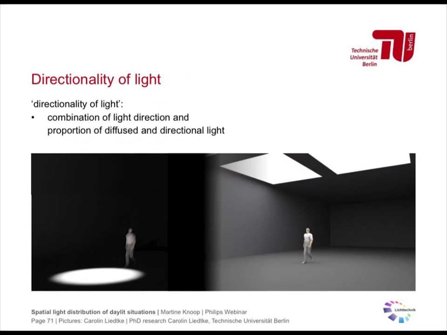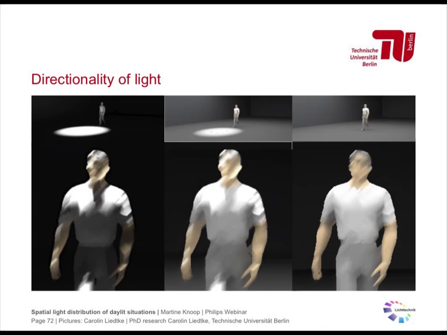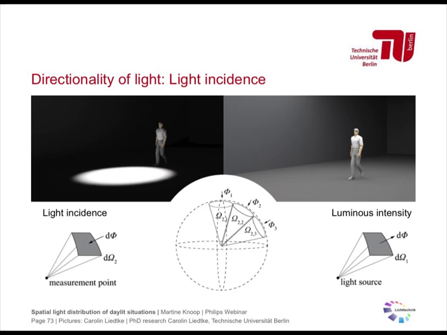We have a PhD researcher working on this topic as well. She's looking at directionality of light and diffuseness, and she uses for that the light incidence. So I'll just go through that. That's a way to describe the light direction and also the diffuseness of light in a different way.